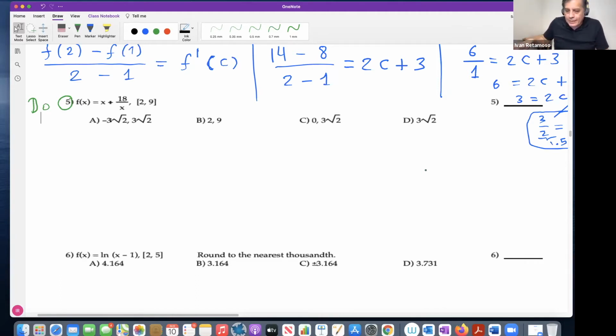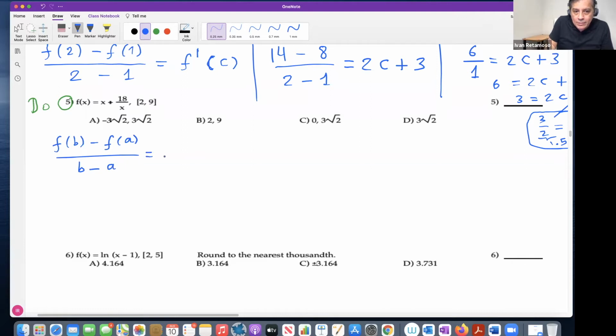And as a hint, I will write out here the conclusion of the mean value theorem, right? F of B minus F of A over B minus A, which is the average rate of change of the function, should be equal to the derivative of the function at some input value C between A and B. A in this case is 2.